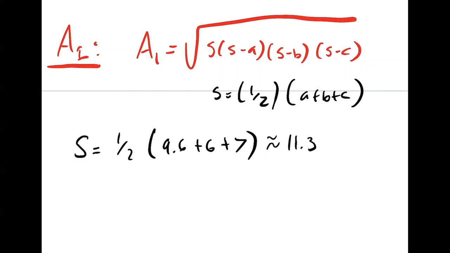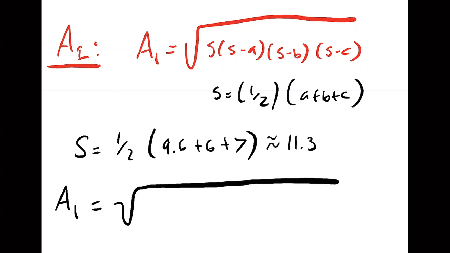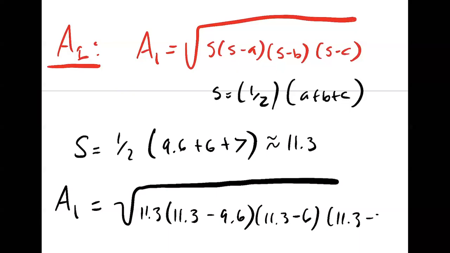And then now we're going to find A1. Plugging in what we know, this is going to be the square root of 11.3 times 11.3 minus 9.6 times 11.3 minus 6 times 11.3 minus 7.